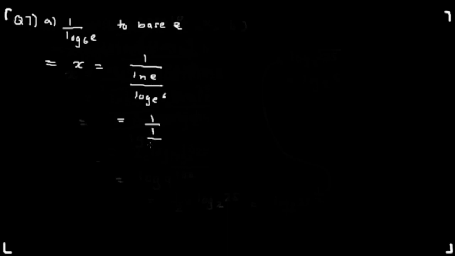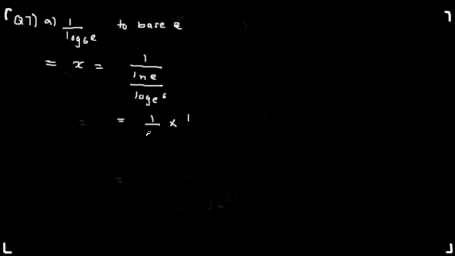So now you have log e 6, right? Now you can do the same thing. This is the same as dividing by 1 over log e 6, and this is the same thing as multiplying by log e 6, right?